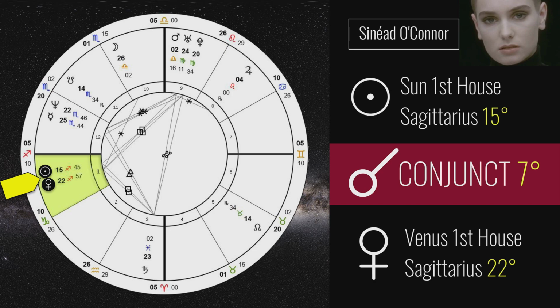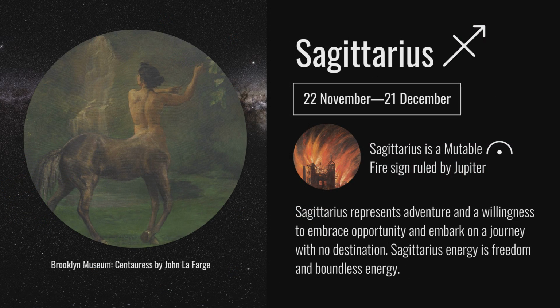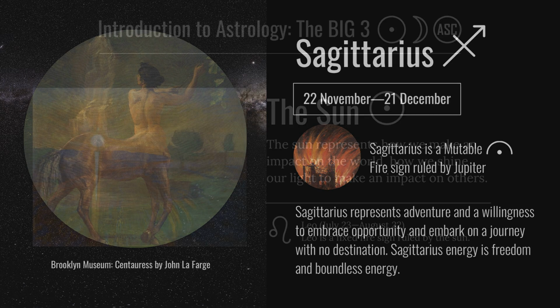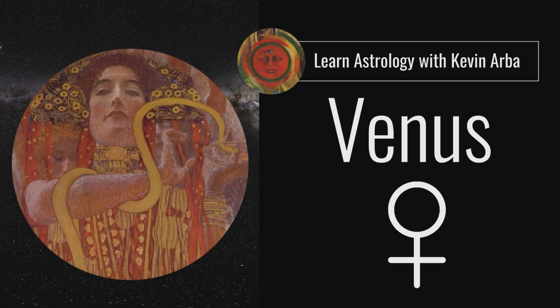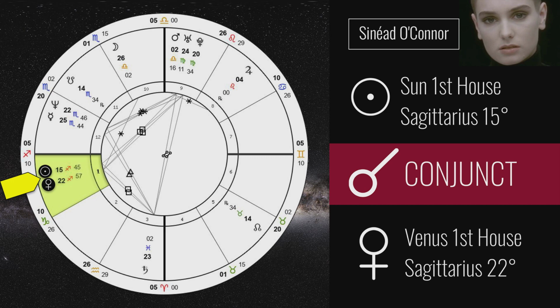So we know the energy of Sagittarius is kind of this energy of travel and being courageous. The sun is how we shine our light, and Venus is what we love and what we see as beautiful. Again, I don't know Sinead O'Connor personally, but I would think it's important to her that she shines her light in an authentic way and that she's courageous.